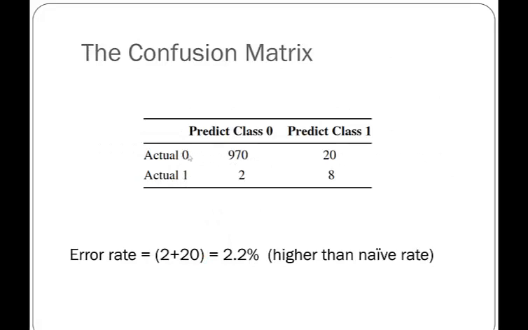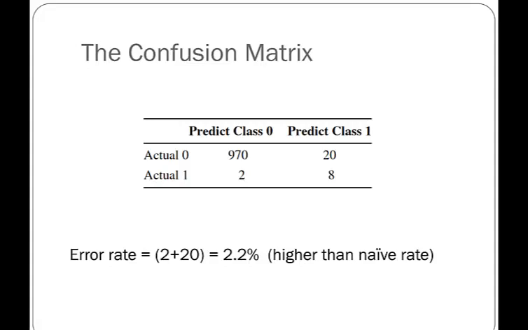990 actual zeros, and we're predicting that we have 970 zeros correctly, and 20 of these zeros we're classifying as a 1. So in total, we're predicting that there's 28 ones, and 8 of those are correct, 20 are not correct, and we're predicting 972 zeros. 970 are correct, and 2 are not correct.